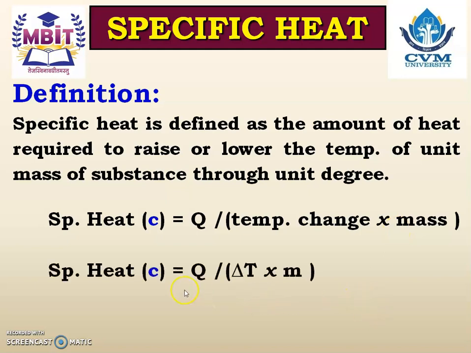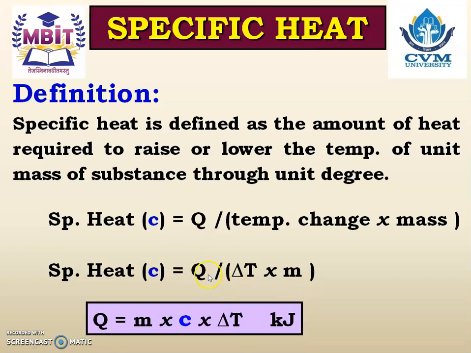So specific heat C is equal to capital Q divided by delta T and M. And therefore we can write that Q is equal to M into C into delta T, where M is the mass of the system, C is the specific heat, and delta T is the temperature difference.